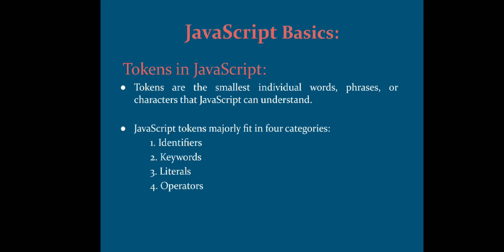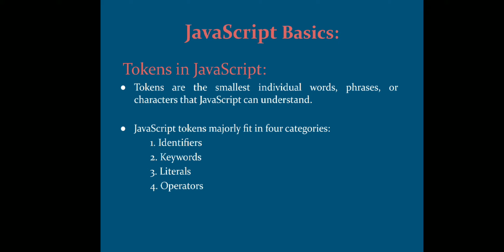Generally, whenever we are learning any language, not only programming languages or computer languages, any language, for example, if I am learning English, then I'll start with alphabets. After learning alphabets, we'll learn simple words.